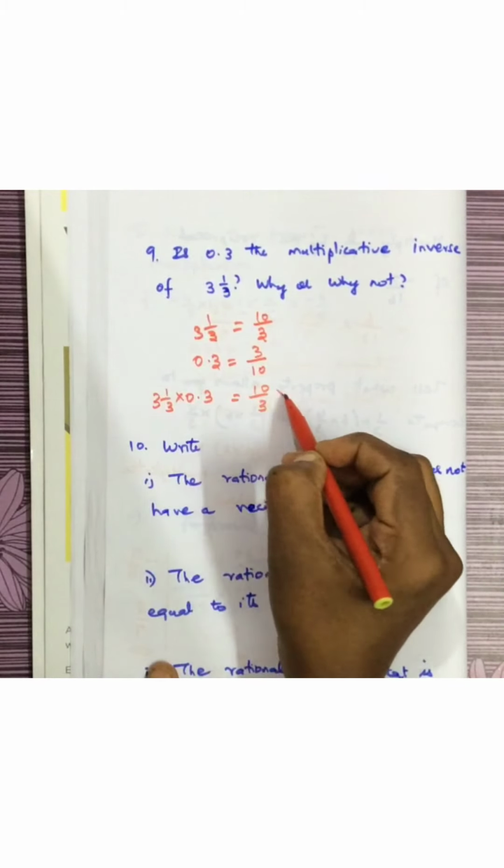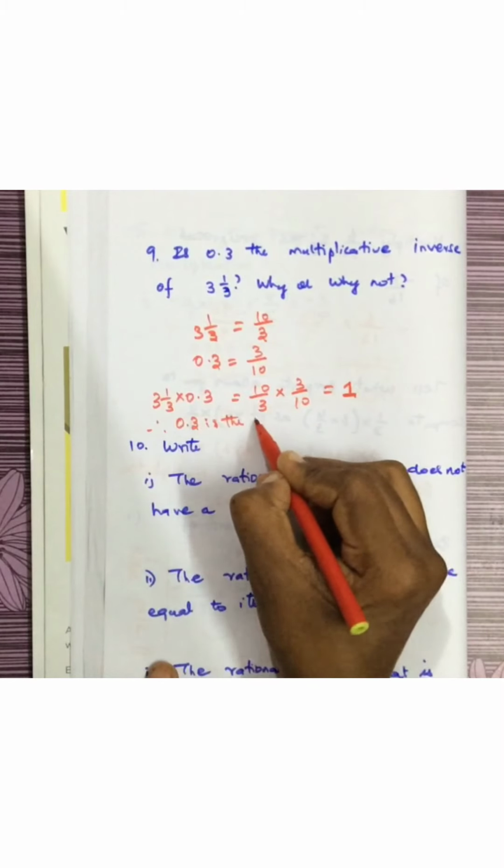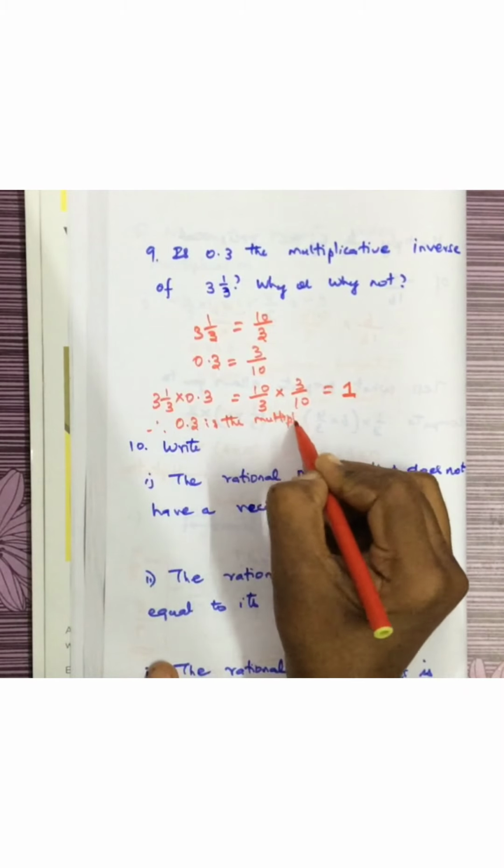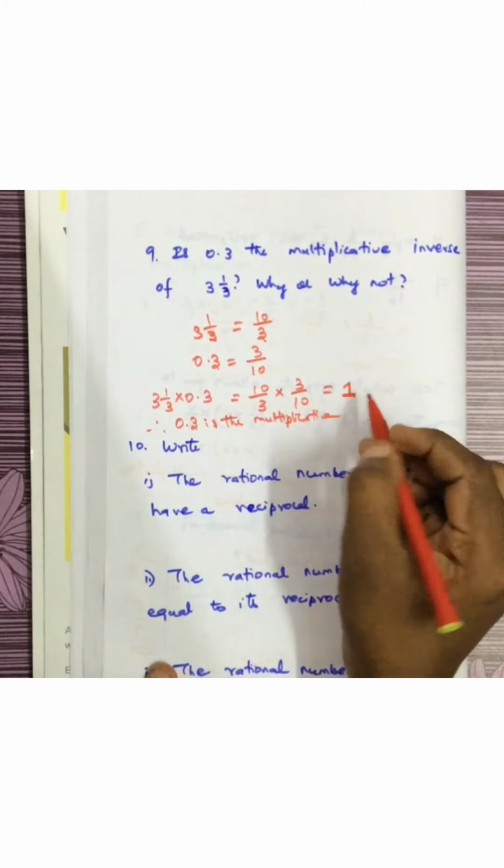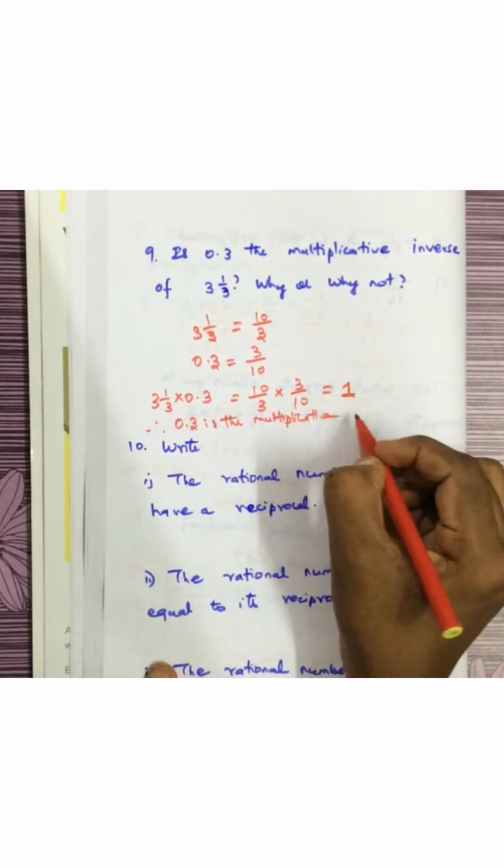So you can say therefore 0.3 is the multiplicative inverse of 3 1 by 3. Okay. So next is: write the rational number that does not have a reciprocal.